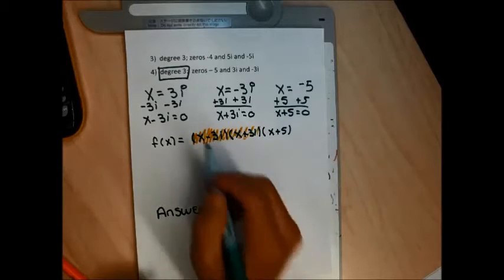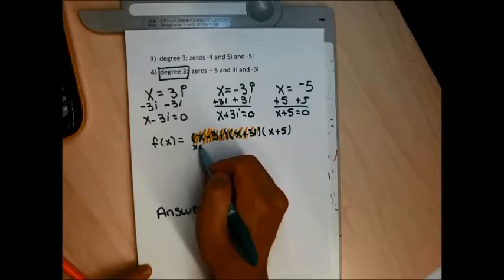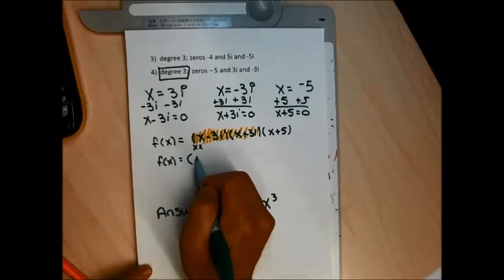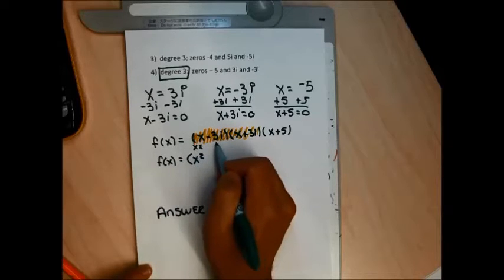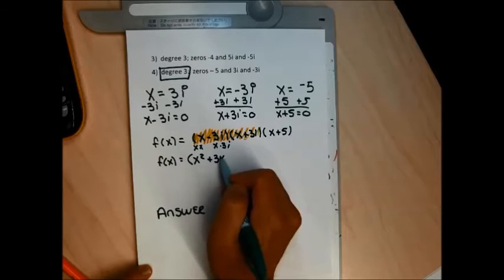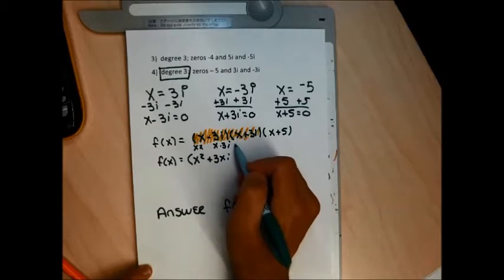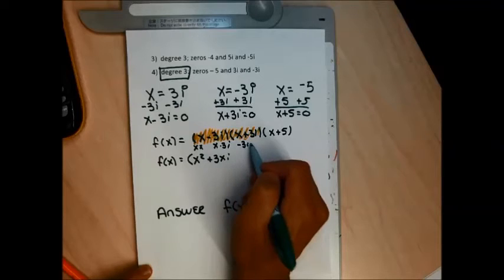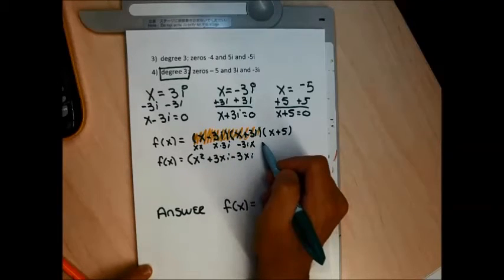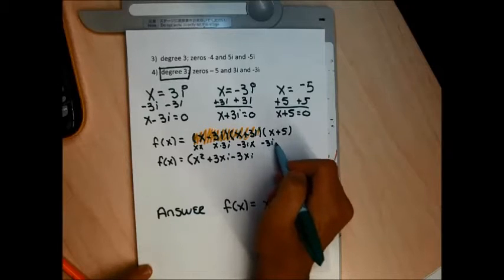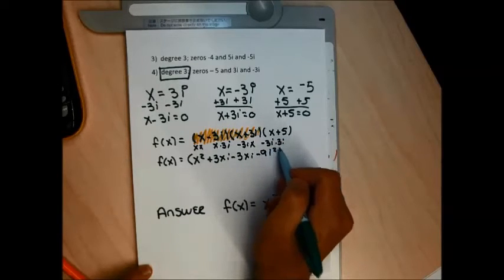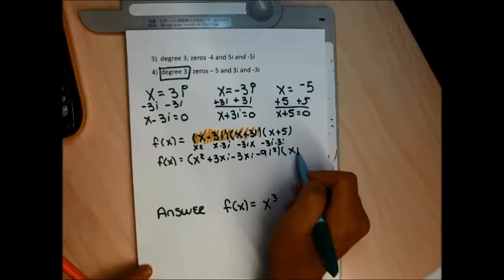So my firsts are going to be x times x. That's going to be x squared. My outers are going to be x times 3i. That's going to be plus 3xi. My inners are going to be minus 3i times x. That's a minus 3xi. And my lasts are going to be minus 3i times positive 3i. That's minus 9i squared. And I still haven't dealt with the x plus 5.